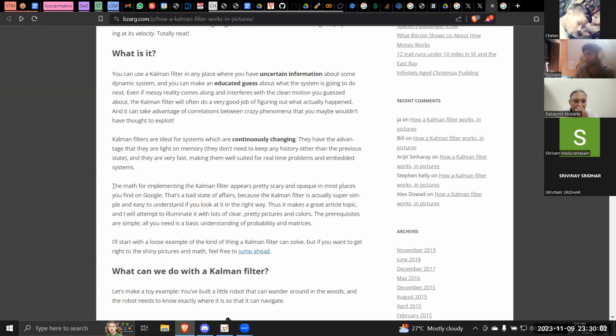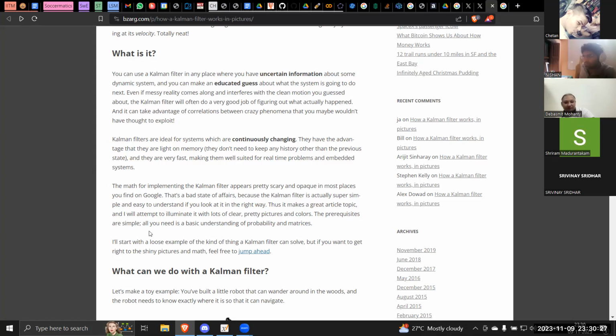The math for implementing the Kalman filter appears pretty scary and opaque in most places you find on Google. That's a bad state of affairs because the Kalman filter is actually super simple and easy to understand if you look at it in the right way. Thus, it makes a great article topic, and I will attempt to illuminate it with lots of clear, pretty pictures and colors.